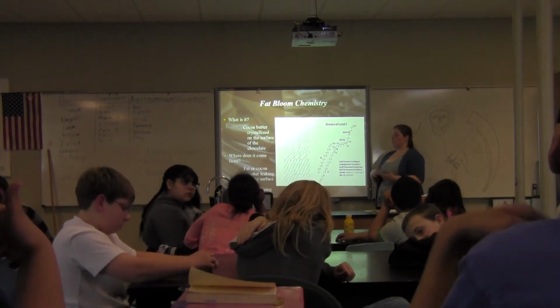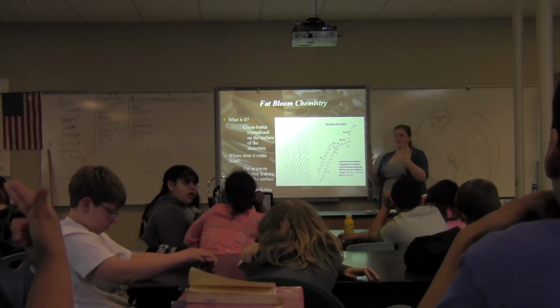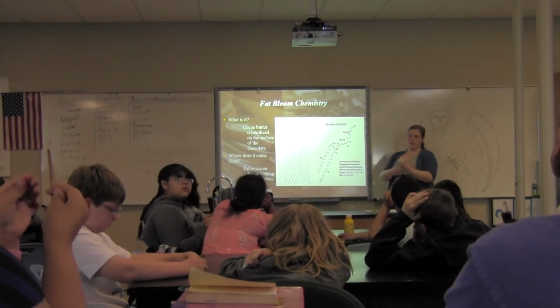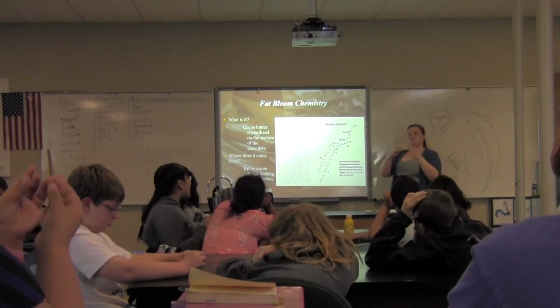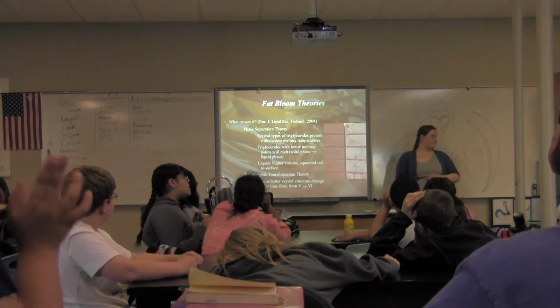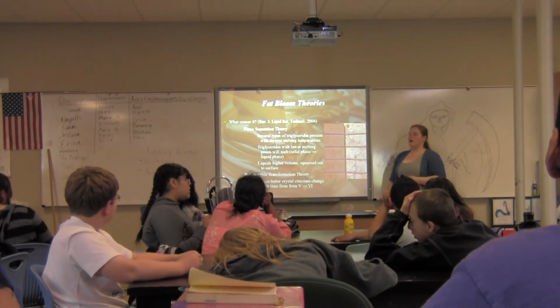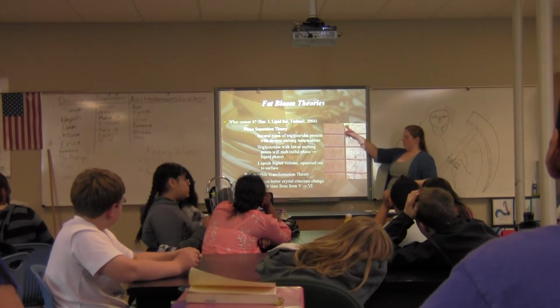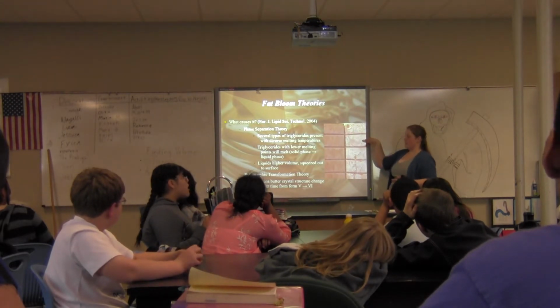Where it comes from is that the fat or cocoa butter melts, leaks to the surface, and then recrystallizes to give this structure of fat bloom. There are a couple of different theories on what actually causes it. Again, this is non-bloom chocolate, this is bloom chocolate.